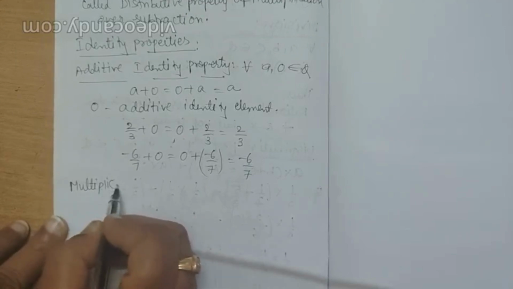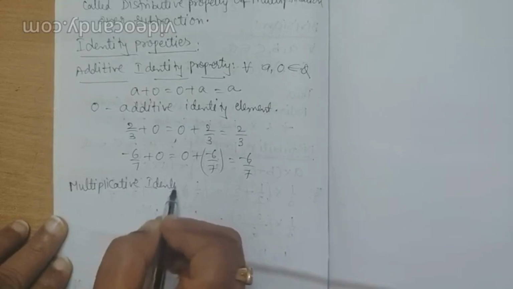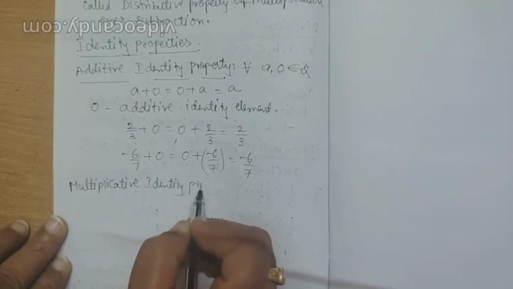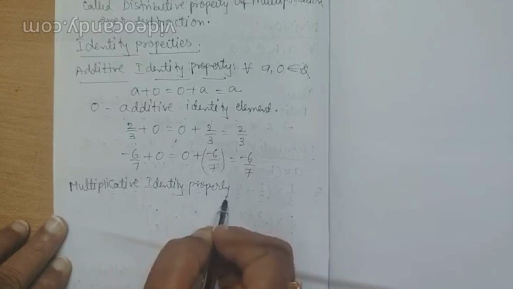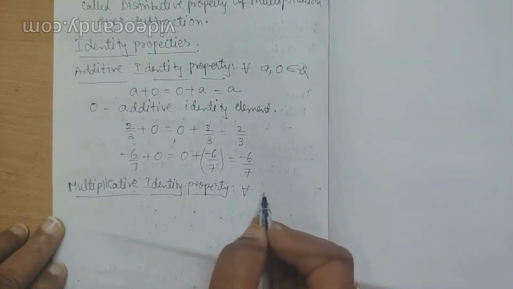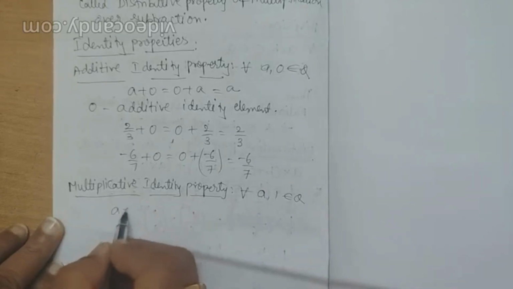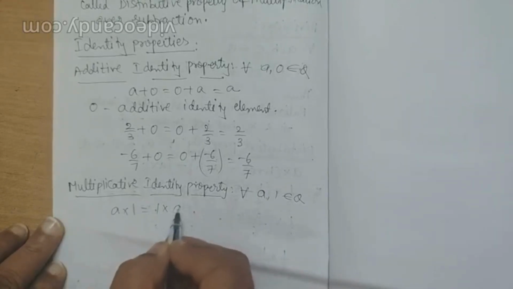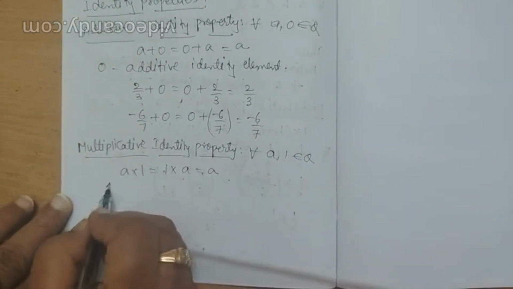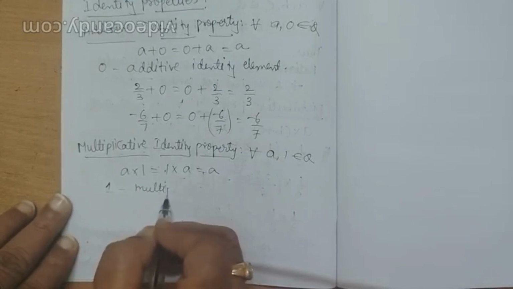Multiplicative identity property. For all a, 1 belongs to Q, a into 1 is equal to 1 into a is equal to a, where 1 is called multiplicative identity element.